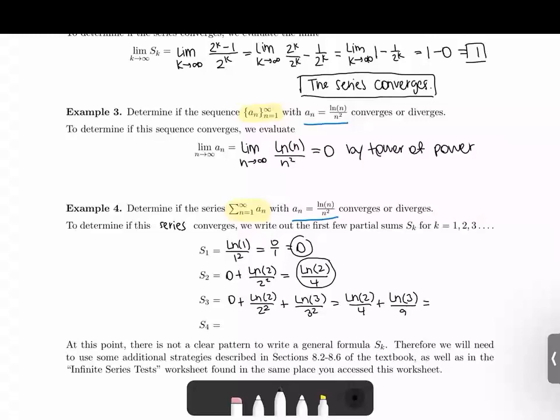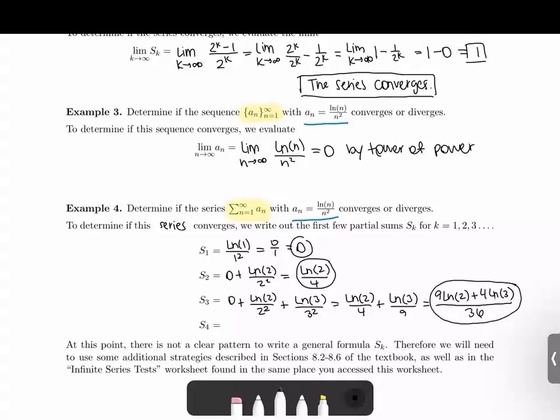My common denominator here is going to be 4 times 9, which is 36. That's going to give me 9 ln of 2 plus 4 ln of 3, all over 36. And again, I'm just going to circle this.